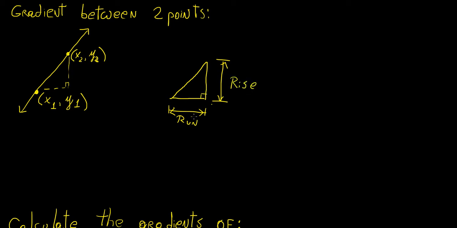What we're saying is that this is a right angle, so that's 90 degrees, these two lines are perpendicular. If we take the vertical difference and the horizontal difference between those 2 points, then we should be able to calculate the gradient. So gradient is rise over run.